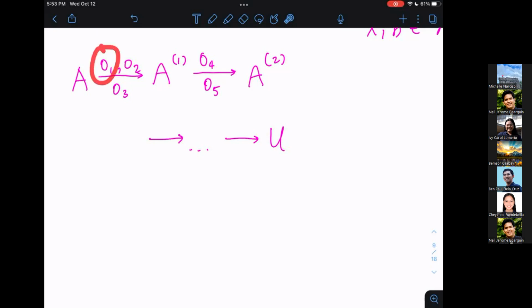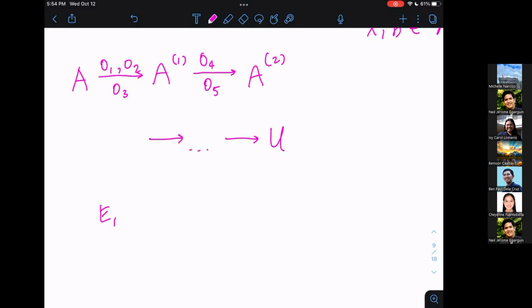So operation O1, be it an interchange of rows or a row translation or a row scaling, will have a corresponding elementary matrix to it. Say, tawagin natin siyang E1, right? And then to perform the same action as O1 on A, kailangan ko lang i-pre-multiply si matrix A nung elementary matrix corresponding to operation 1.